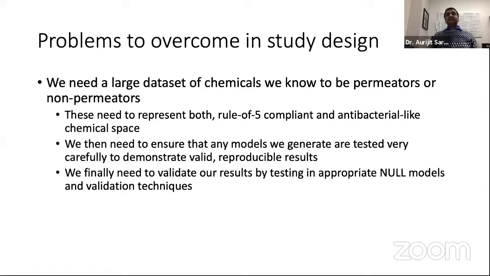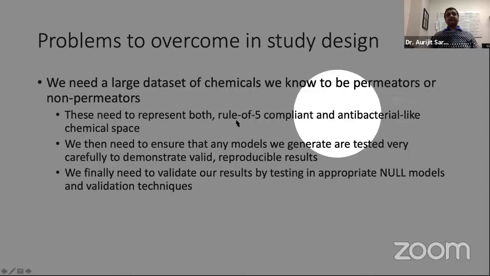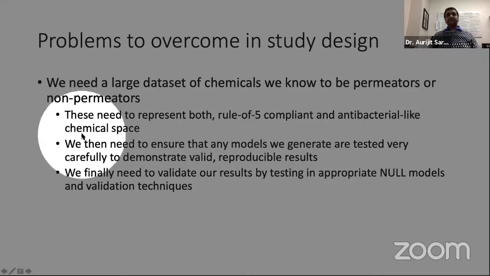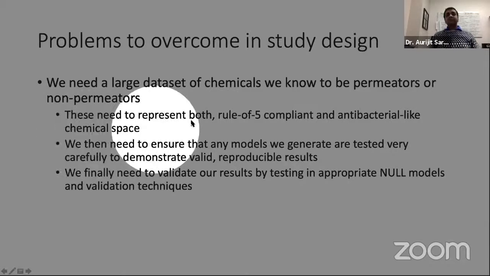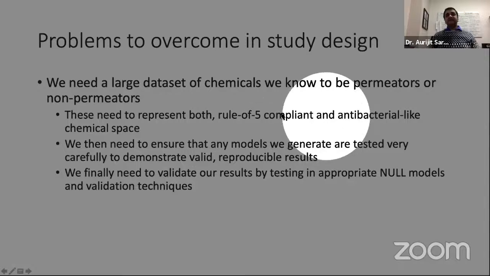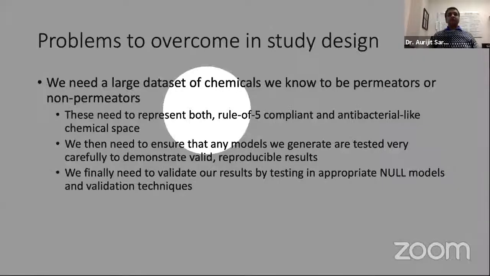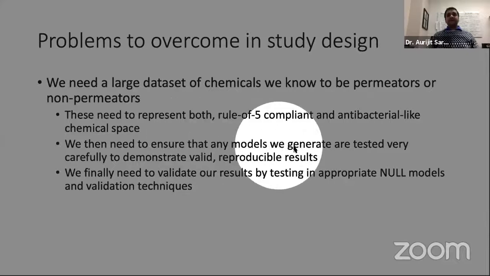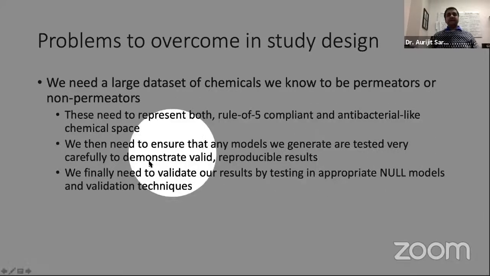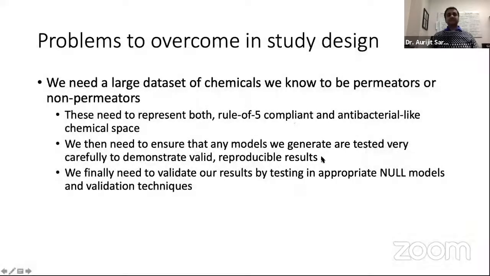These need to represent both Rule of 5 compliant and antibacterial-like chemical space. Although it is more important that we deal with Rule of 5 compliant chemical space, essentially because we know that it is difficult to synthesize most antimicrobials. Then we need to ensure that any models we generate are tested very carefully to demonstrate valid and reproducible results.